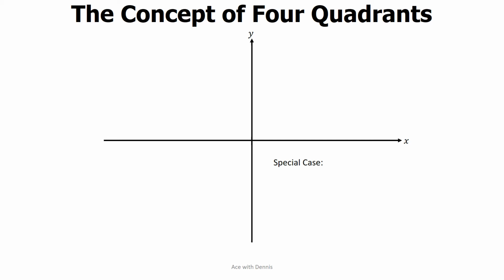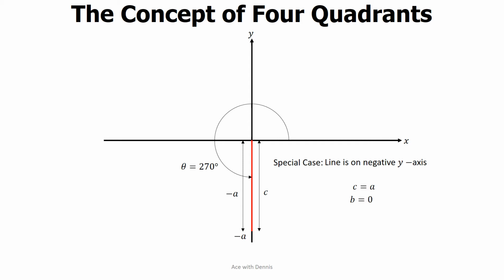Next, the fourth special case is when the line is on the negative y-axis, which means theta is 270 degrees. From here we can see that this is negative A, which means this length will be negative A. C is A, and B is 0. So for sine 270 degrees, it is negative A over C, which equals negative A over A. Since C equals A, sine 270 degrees will be negative 1.